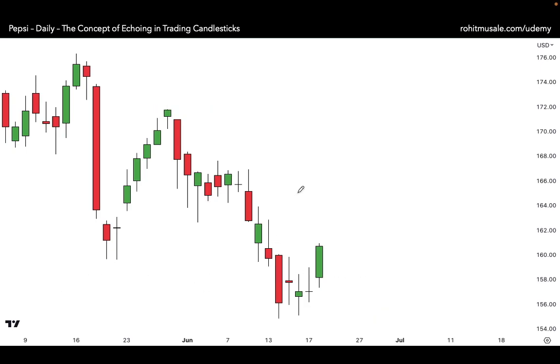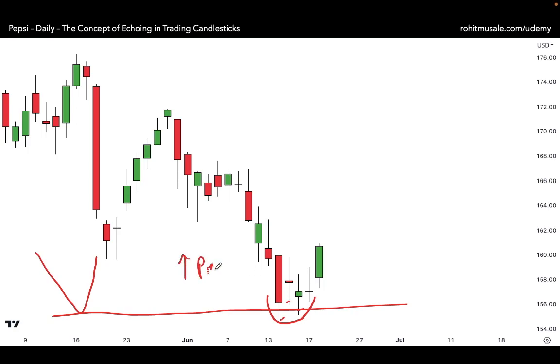Something that would add to the probability that this trade would work out is, what if there was some support level here, right? Some prior support where the market touched this, went up. If all of these long shadows here, here, here are confirming that support, it increases the probability that the market would go up.